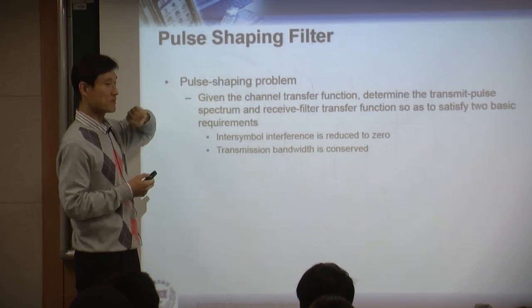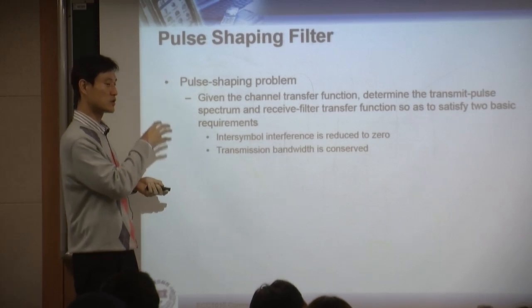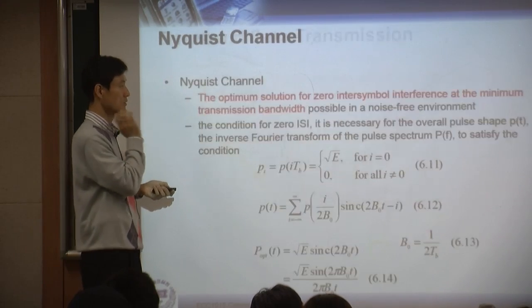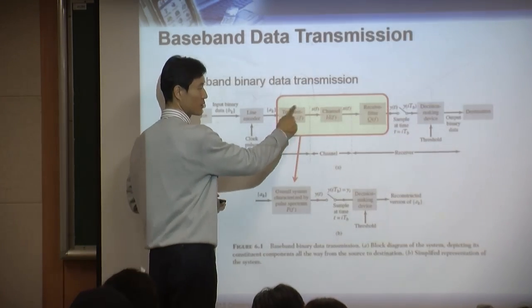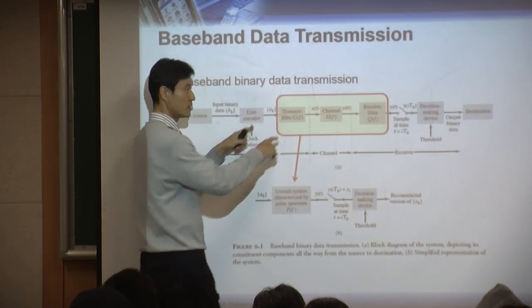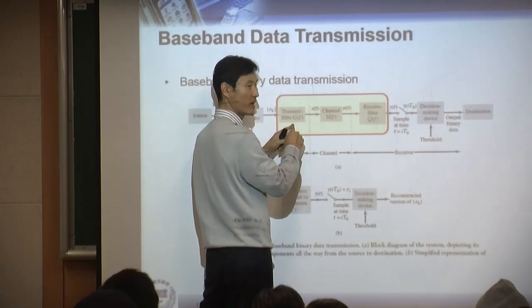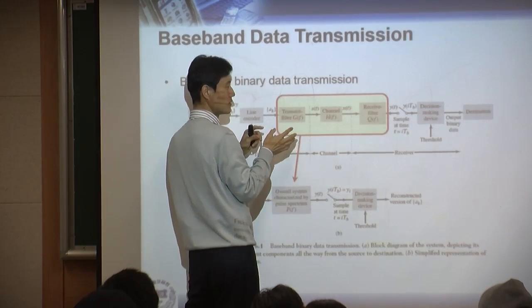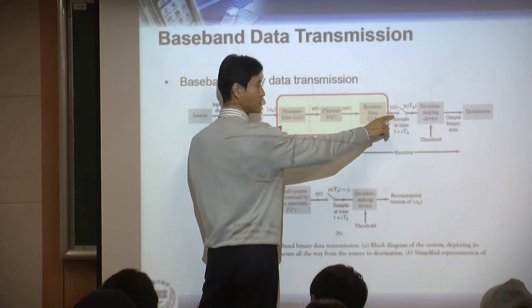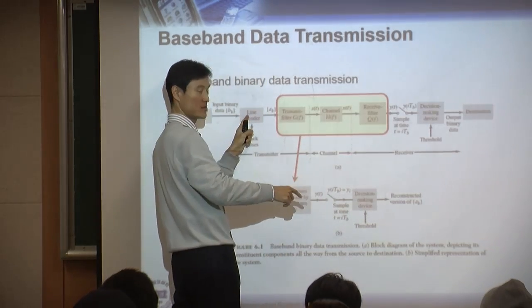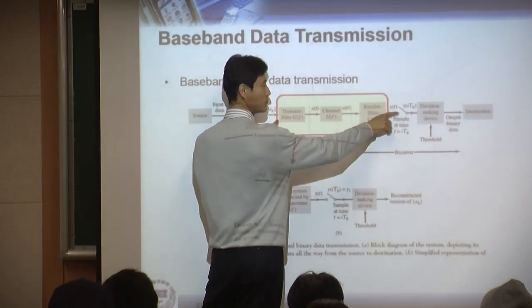So this pulse shaping filter is regarding the transmit filter. So going back here, we are now talking about this one. Nyquist channel is about this whole thing. This whole thing, we want to make it a Nyquist channel. Why? Because we want to make an output yi equal to c times ai. We want to make a simple input-output relationship.